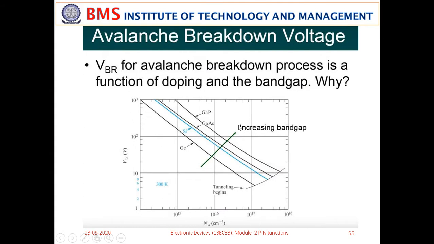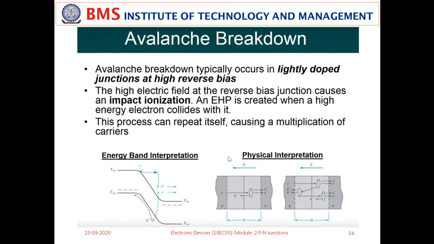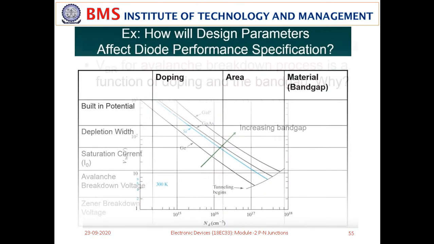Looking at different materials, germanium, which has a lower band gap, has a lower breakdown voltage compared to silicon. Silicon has a higher band gap. That is the thing, and let us move on.